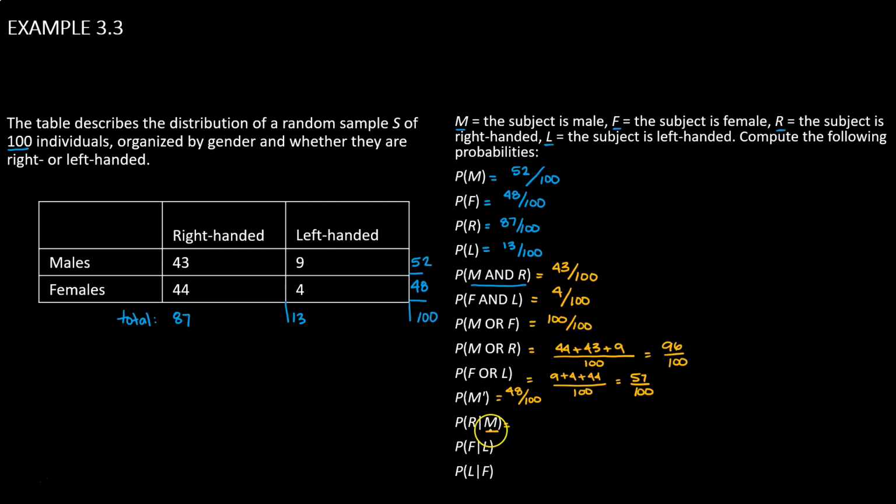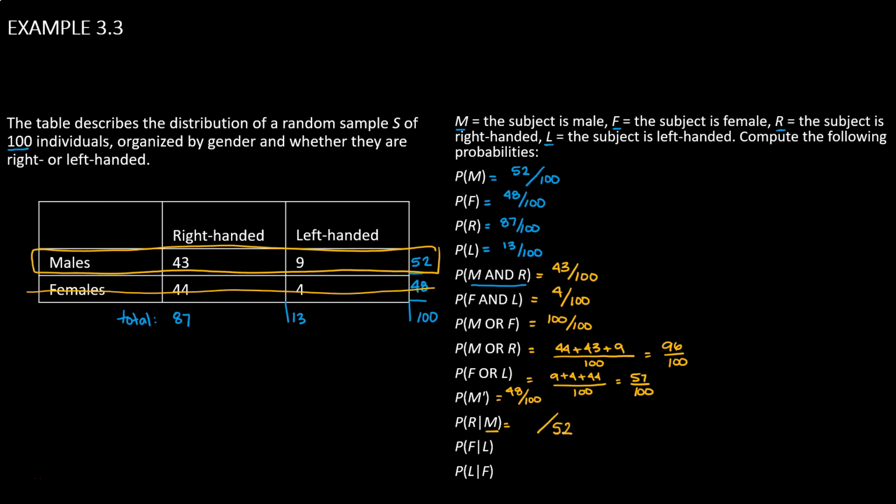So if I know that I'm only looking at males, I can ignore all of the females. And then I can say of the males, of the 52 males in the study, how many of them are right-handed? This is shrinking our sample space. Instead of talking about all 100 participants, we're only talking about the 52 males in the study.